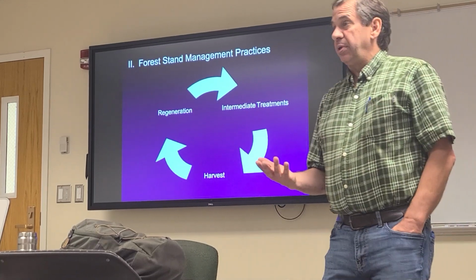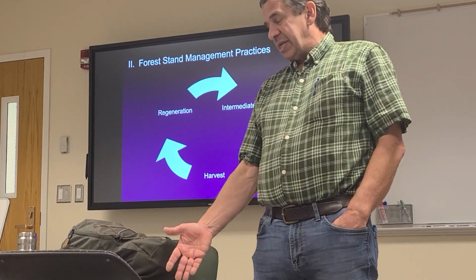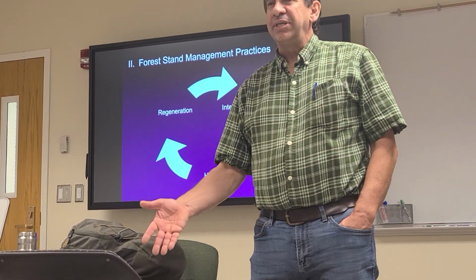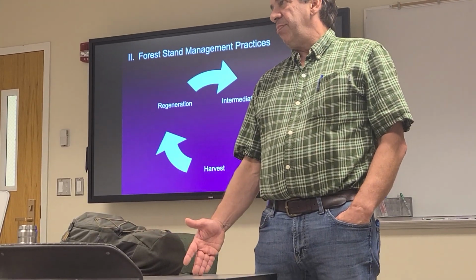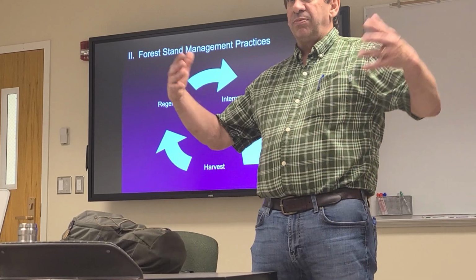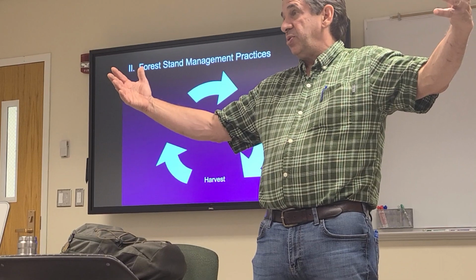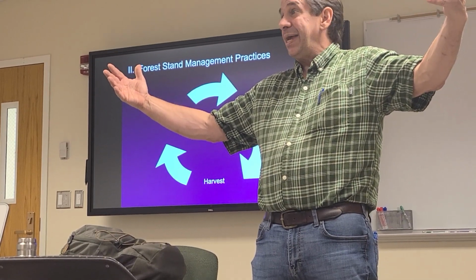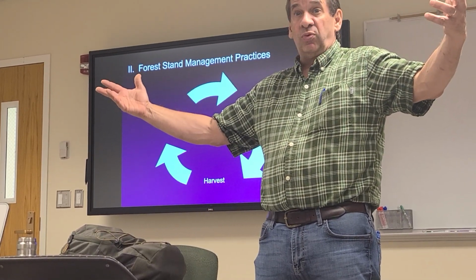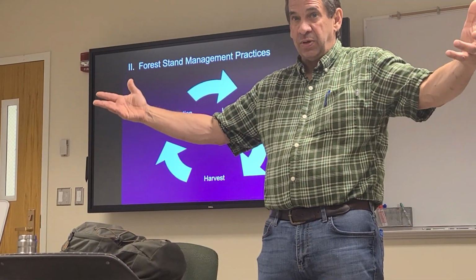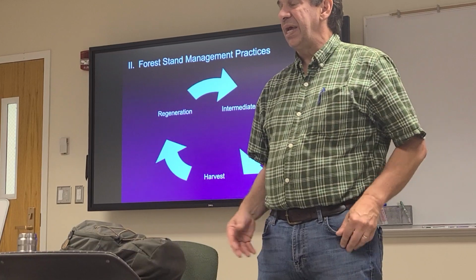So for example, they might say, this stand is 80 years old. It's time to harvest it now. And you might say, why? And their answer is, because it's reached its maximum size potential. Its growth now is going to be much slower. The trees are going to start to senesce and die and get heart rot. The quality of the wood is going to go down. So you're actually going to lose value in this timber stand over the next 2 or 3 decades.